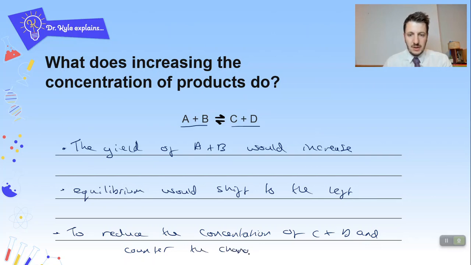Now, this could easily happen the other way around. If we increase the concentration of A and B, what would happen? The equilibrium would shift to the right, increase the concentration of C and D to decrease A and B to counteract the change. So you can do it either way. I'm just trying to give you several different examples here of how we can change the equilibrium.